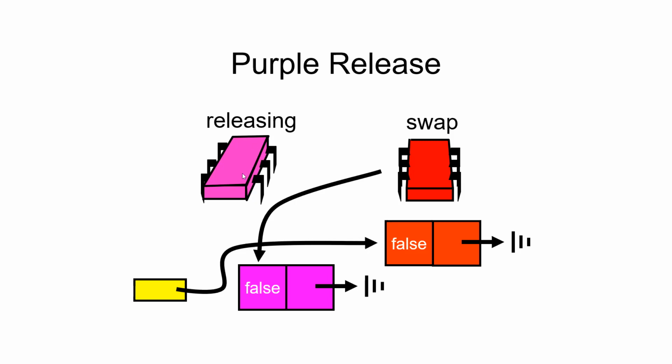This thread updates its next thread's locked field from true to false, and its own Q node's next pointer will point to null. That is what we are doing here. So the first step is that the purple thread will update the next field's locked value to false and its Q node next to null.